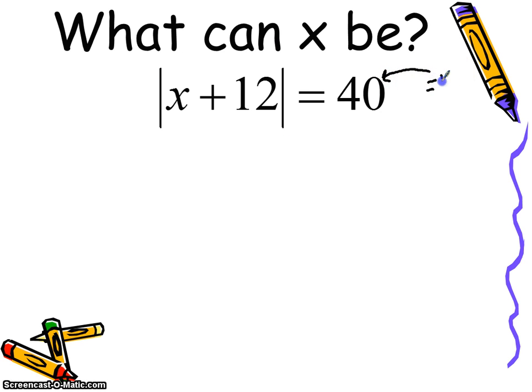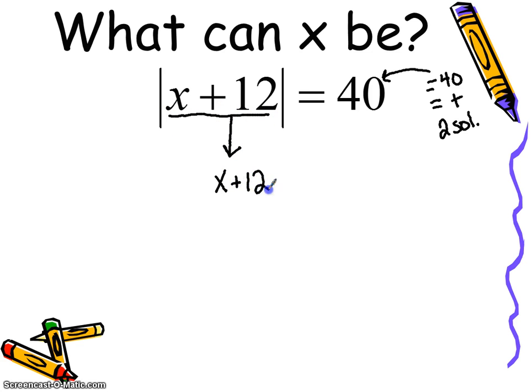Well, we have that it's equal to 40, which is equal to a positive, so we know that there'll be two solutions. So we know that the value inside of our absolute value is either equal to positive 40 or negative 40. So it could be 40 away from 0 on the positive side or 40 away from 0 on the negative side.